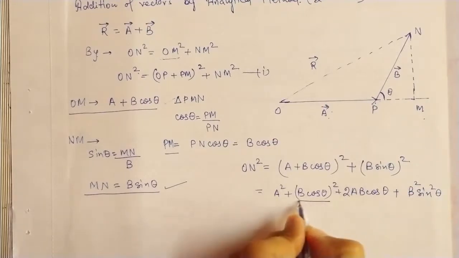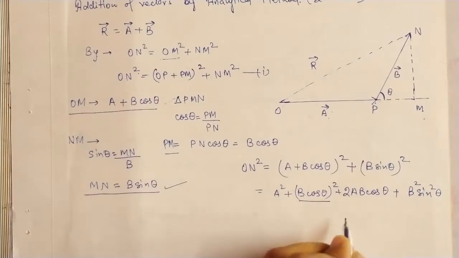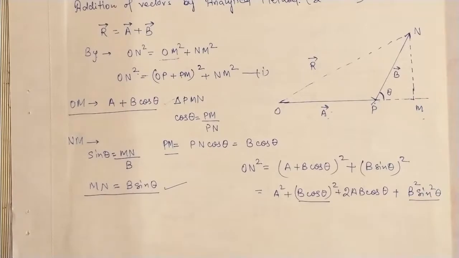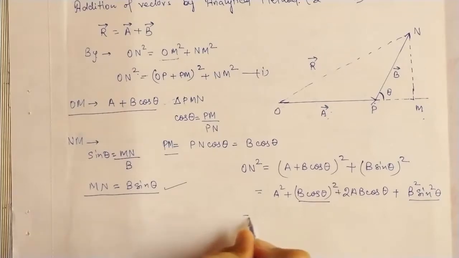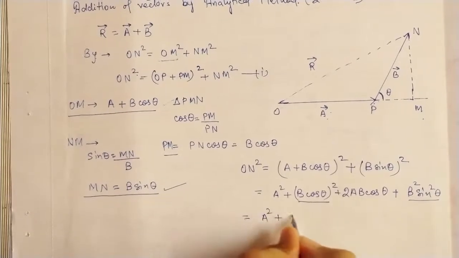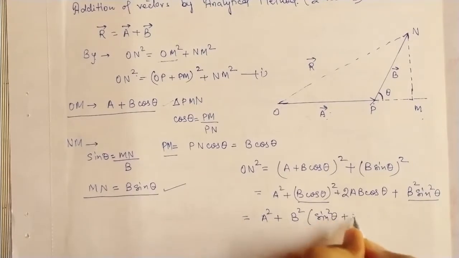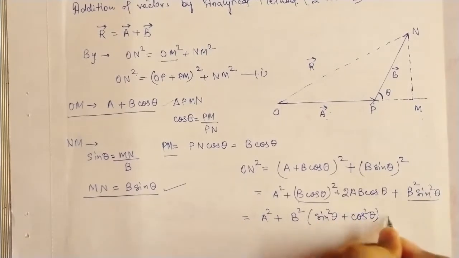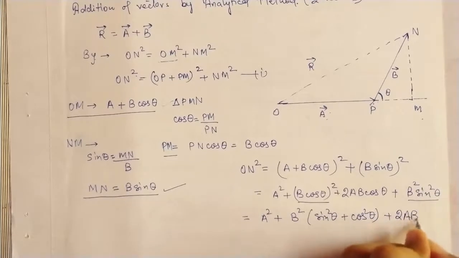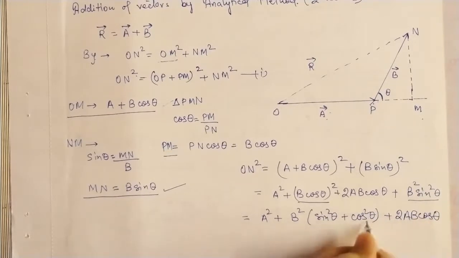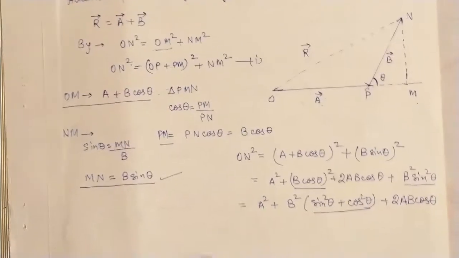Now you can see that this is B square cos square theta, and this is B square sine square theta. So we know already that sine square theta plus cos square theta is equal to 1. So I can take the B square common and write it as A square plus B square, now this value will become 1, that we already know the formula.